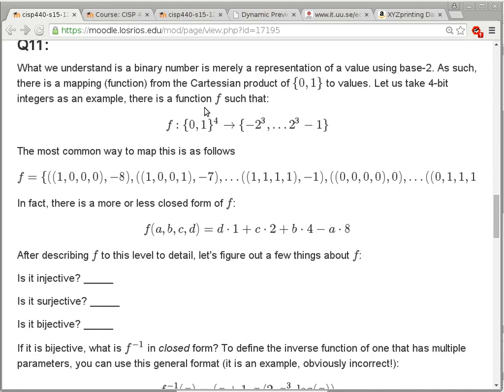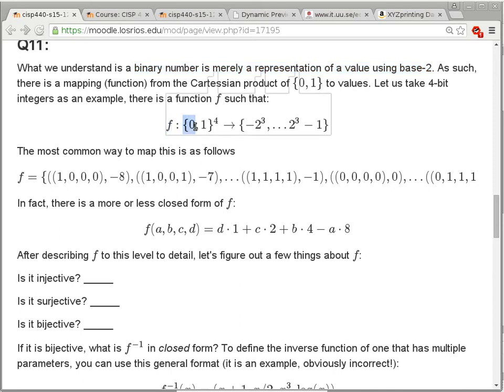So that's why I started off with this statement here, which is basically saying a binary number is just a representation of a value using base 2. As such, there's a mapping, which is a function, from the Cartesian product of {0, 1} as a set to those values. So we'll go ahead and take a 4-bit integer as an example. And this is a function. Okay? Function f is a mapping.